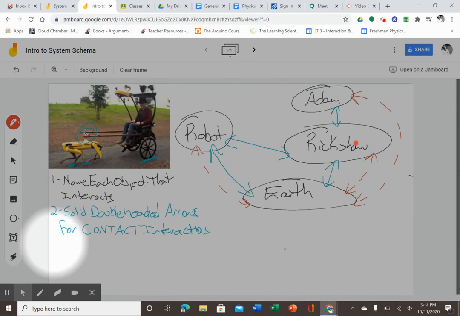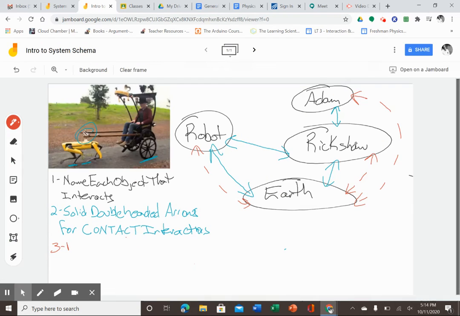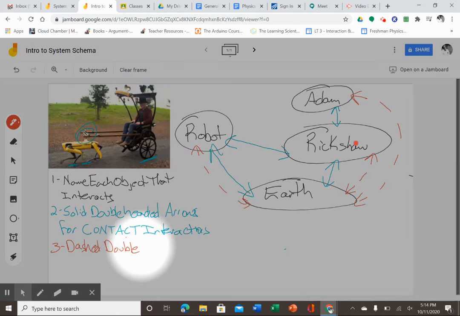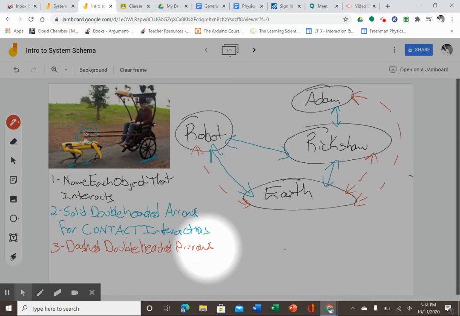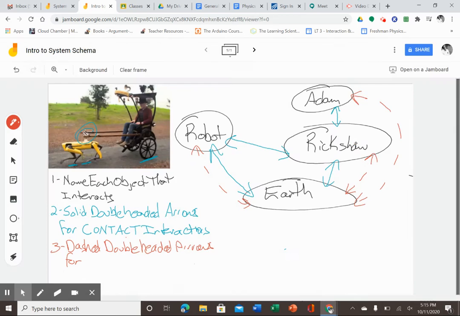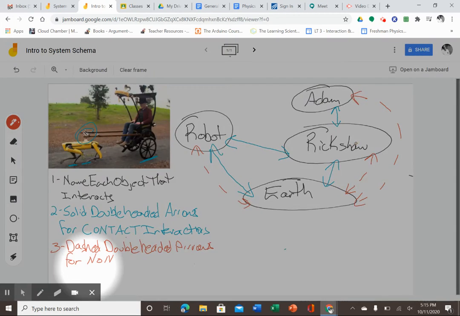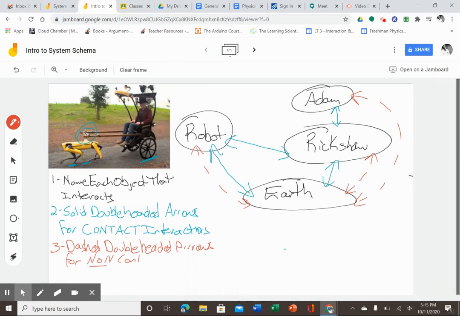So my step three. You notice these are dashed, not solid lines. So I'm going to say dashed double-headed arrows for interactions that do not require contact, or for non-contact interactions.